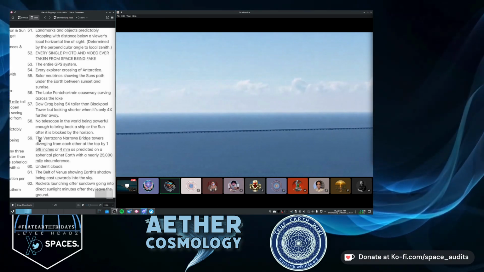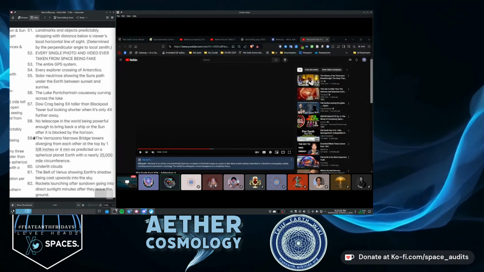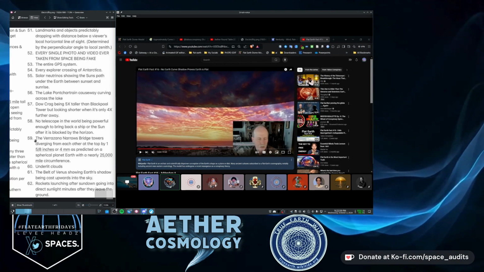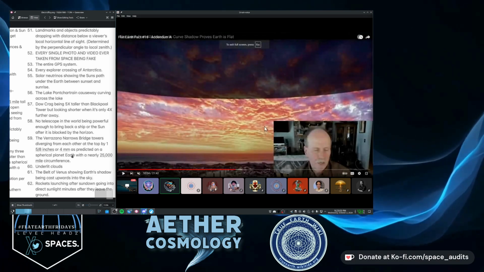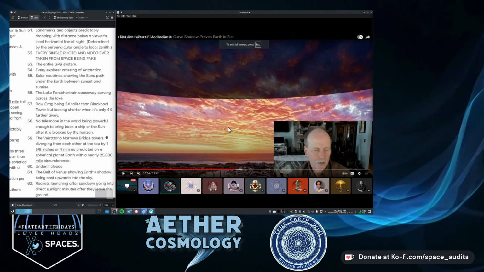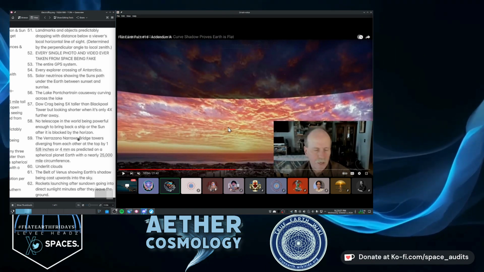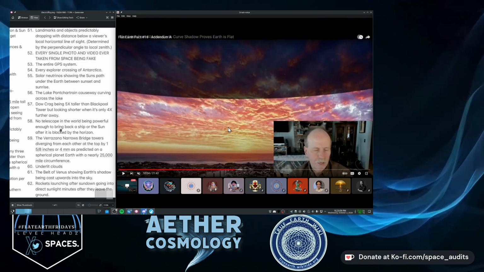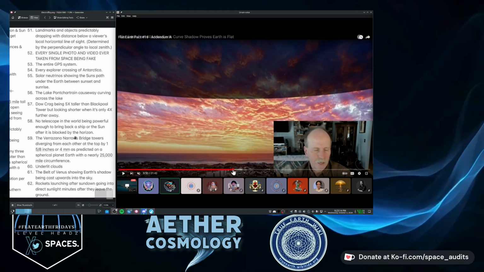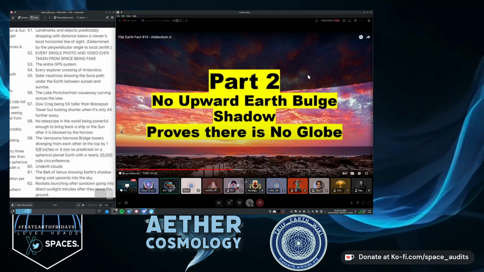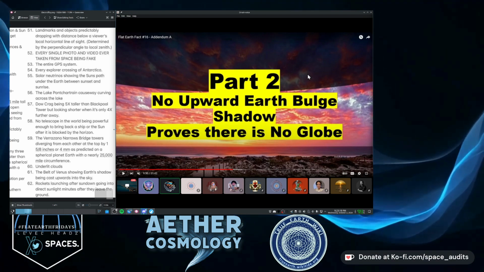I'll do the Verrazano Bridge first while you're doing that. So it says here, number 59, the Verrazano Bridge towers diverging from each other at the top by 1 5/8 of an inch or 4 millimeters, as predicted on a spherical planet of nearly 25,000 miles in circumference. This is preposterous. The Verrazano Bridge, and all bridges for that matter, change depending on how long they are and the materials they're made with.